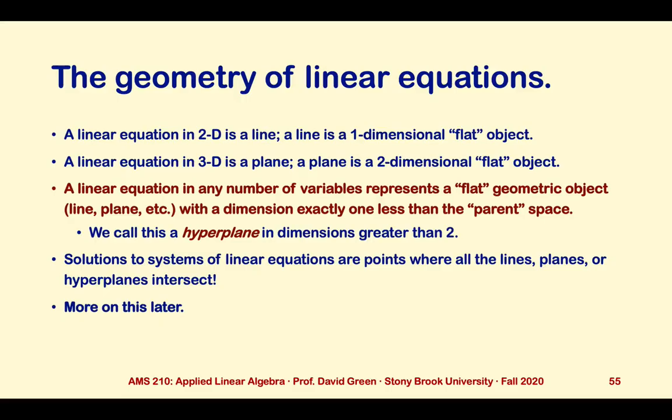In 2 dimensions, it's a flat one-dimensional object. In 3 dimensions, it's a flat two-dimensional object. The general term we use for this kind of object is a hyperplane in dimensions greater than 2.